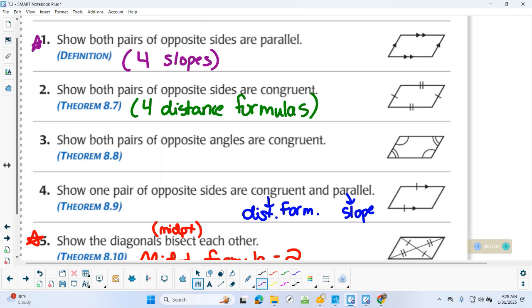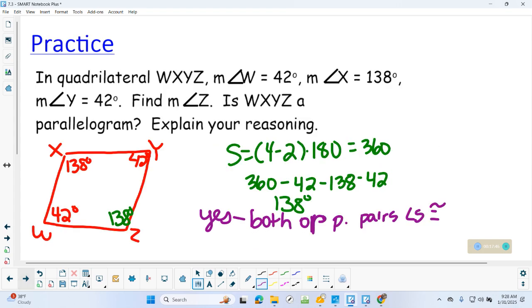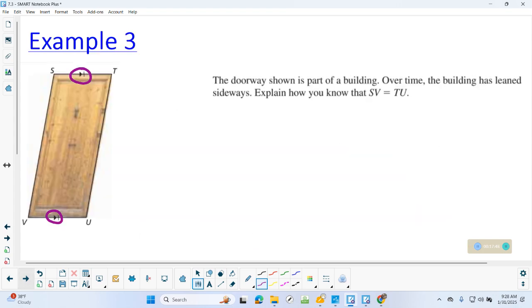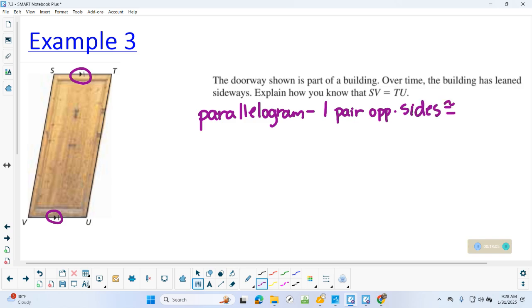So first off, I'm going to say yes, it is a parallelogram, because we have the one pair of opposite sides congruent and parallel.